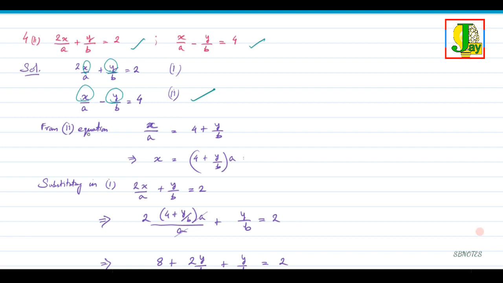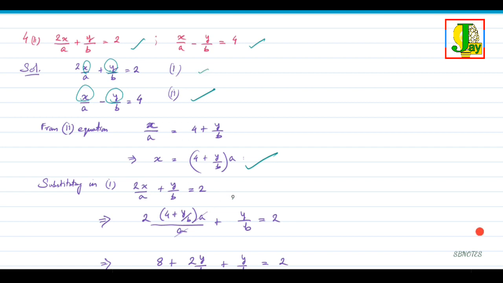Choosing the second one, we have x by a, minus y by b goes to that side, so we have this. We can take this value and substitute it in the first equation.